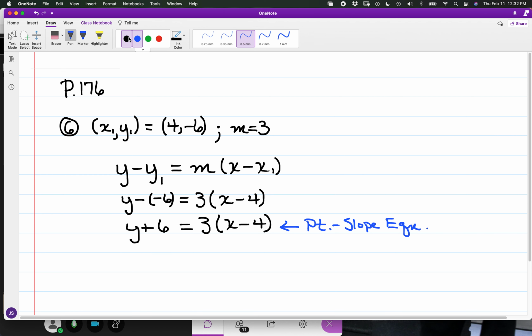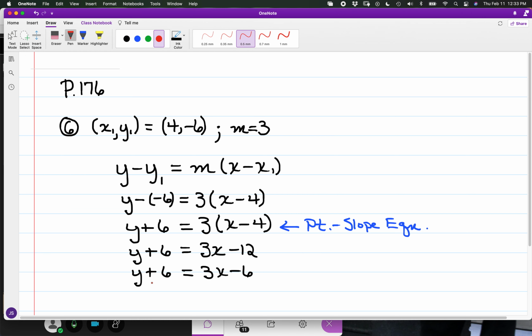And in following through, so as to isolate y, we can take care of the parentheses on the right upon distributing 3 over the binomial x minus 4. So we're going to have 3x minus 12 on the right. And looking at isolating y, we're going to end up subtracting 6 on both sides.